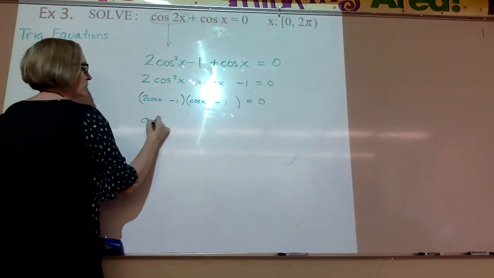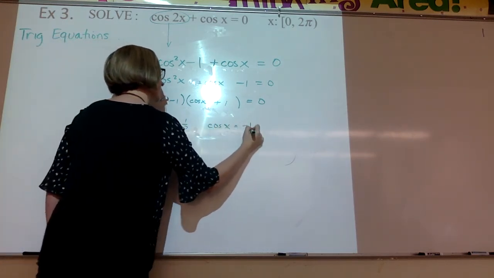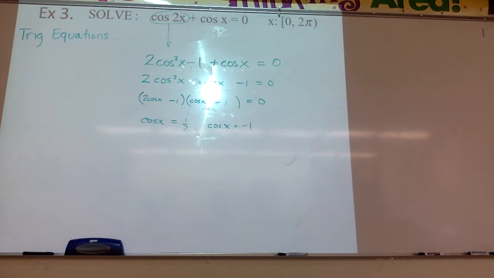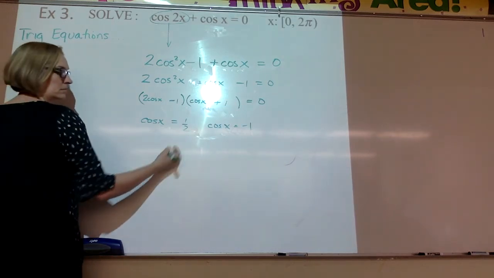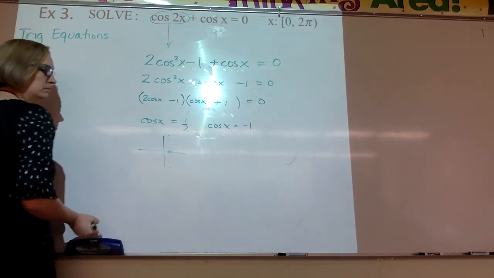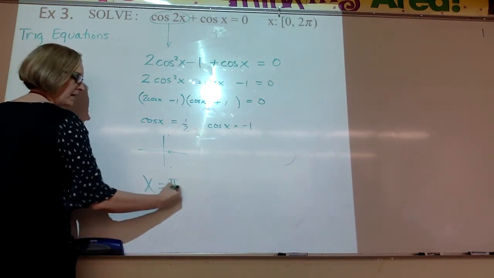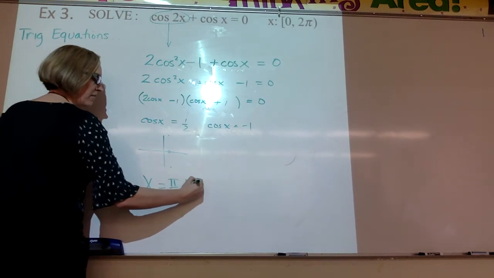Alright, then we get down to cosine x equals 1/2, cosine x equals -1. Should give me what? 3 solutions? Where's cosine equal to 1/2? Here and here. X equals what? Pi over 3 and 5 pi over 3.